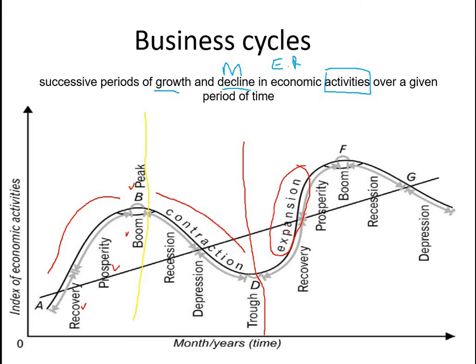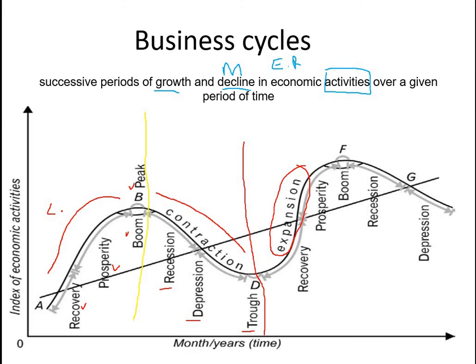Things are expanding. Now, when we look at our contraction, we have the recession, the depression and the trough. In the contraction, things are a little bit tense, a little bit tough. That simply means that we usually have high interest rates in the contraction. And in the expansion, we basically have low interest rates.